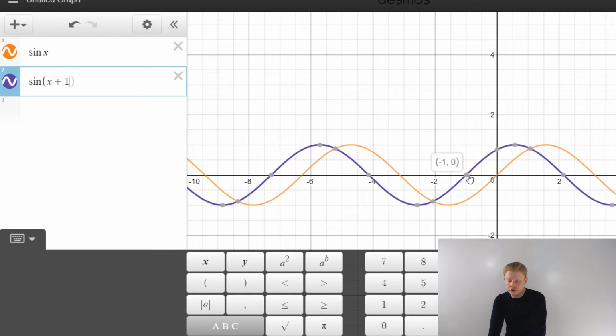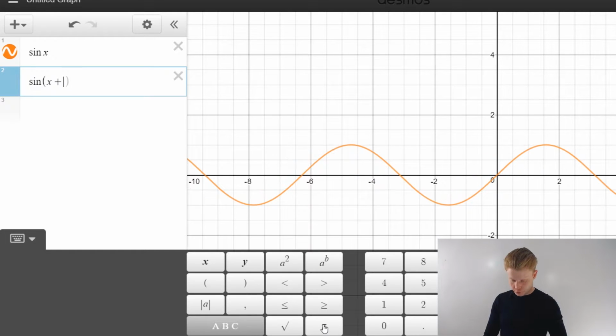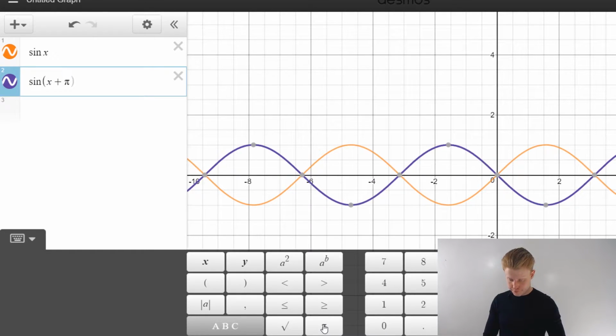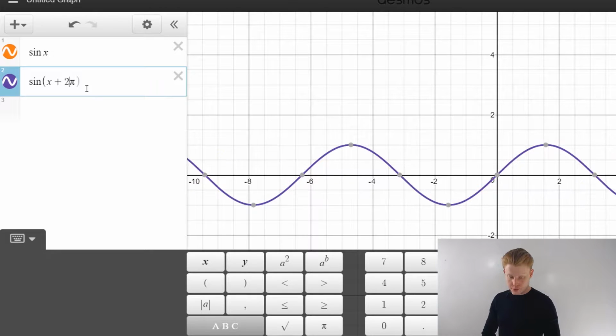So I moved the graph left, just like I would in an algebraic function, by 1, or by pi would be a better way to do that. When I do it by pi, I've completely flipped the graph around. Where it's peaking here, it's at its valley here. If I do it by 2 pi, it'll match up again. Why? Because I shifted it one complete cycle back.